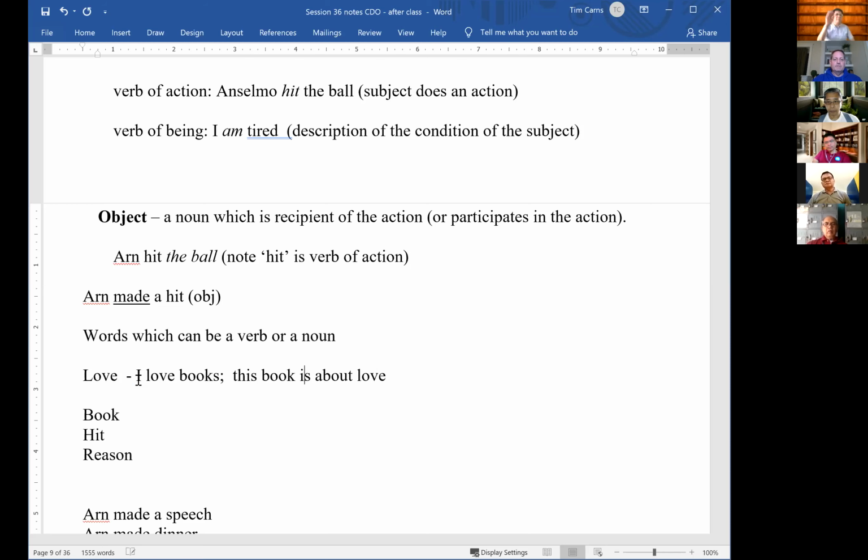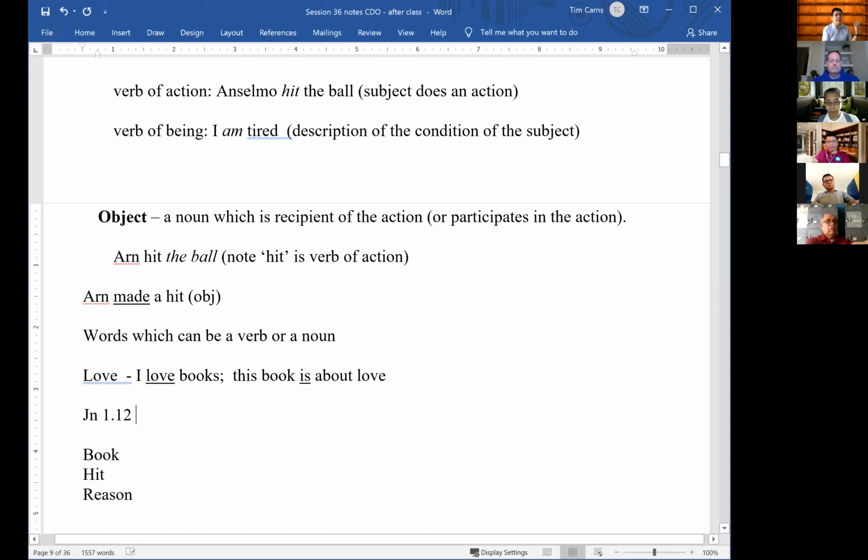Okay. For example, Pastor Tim, can I cite a verse as an example? Yeah, that'd be great. John 1:12. So it starts with a conjunction. But as many as receive him. Okay.